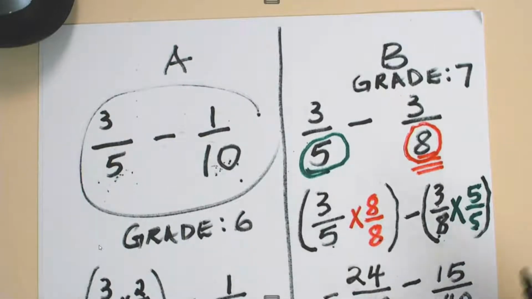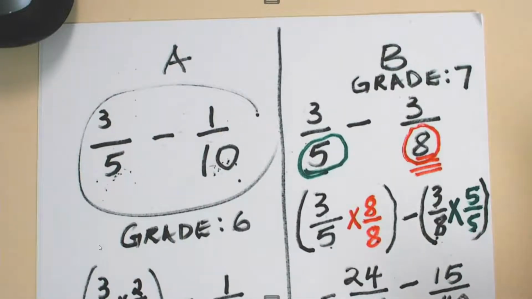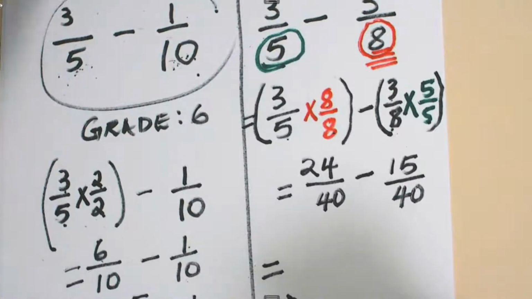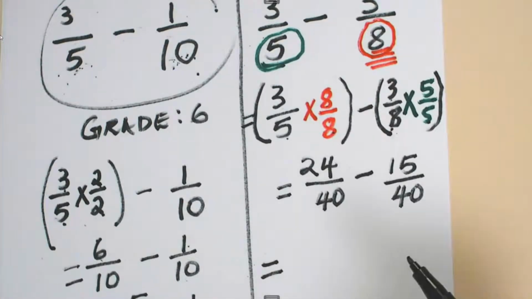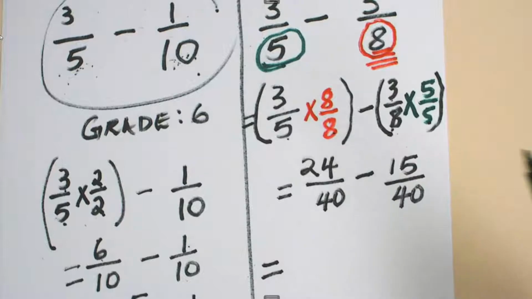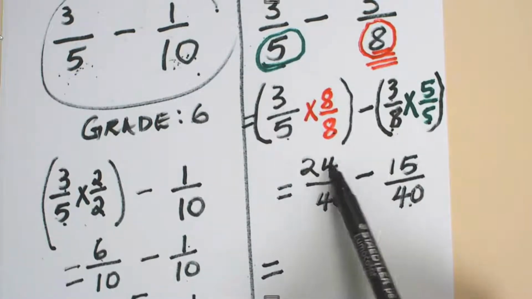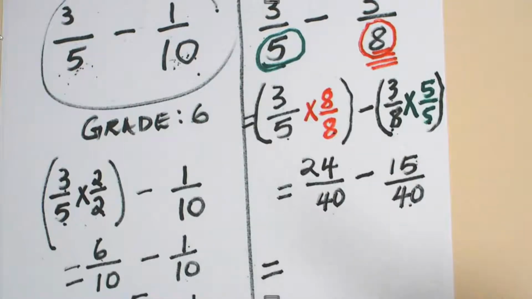Voila! Can you see now our denominators are the same, which makes it possible for us to continue to solve our fraction. Now, since the denominators are the same, we are going to only subtract what? The numerators only.